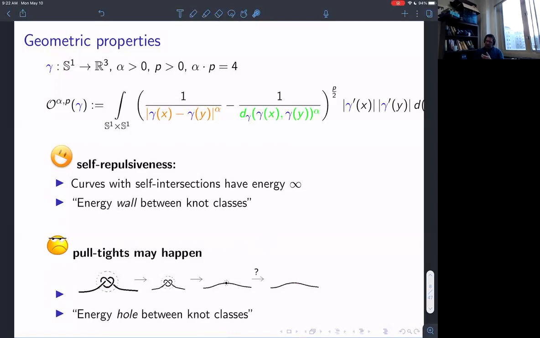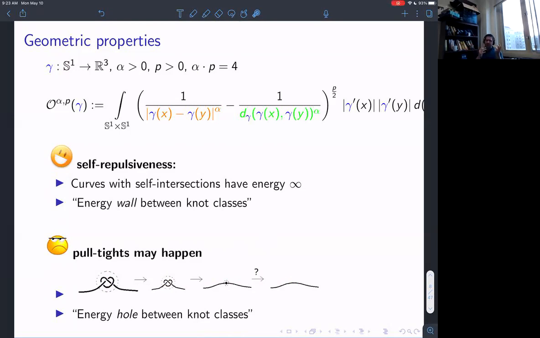However, you can imagine, because you have a scaling invariance, that if you do that right, and that's a proof one has to do, but hopefully you can believe me, this may not change the energy because it's kind of a scaling. The intrinsic and extrinsic distance ratio doesn't really change if I do this in the right way. So you have a hole, you can leave your knot class in a minimizing sequence, for example, by pulling tight, which is a bubbling effect.